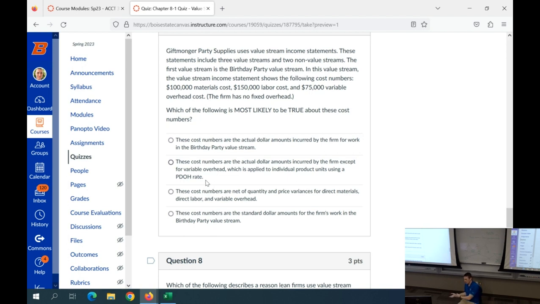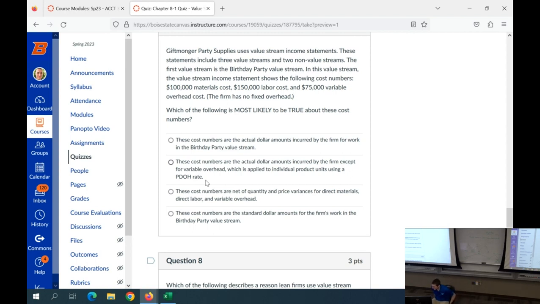So the absorption costing traditional way of doing it is to say, well, let's develop a rate and just the average cost goes to each unit. In the lean accounting perspective, you're saying, well, we don't need to do that because we're going to leave it at the value stream level. We don't need to know the individual product unit cost for that overhead. We can trace it to the birthday party value stream. We're going to leave it there.